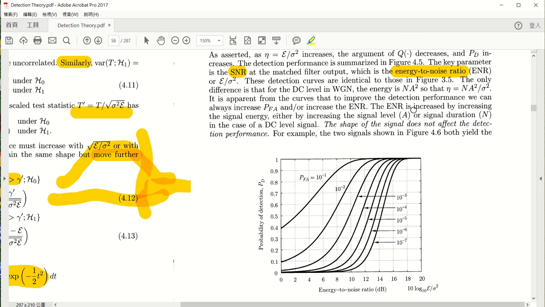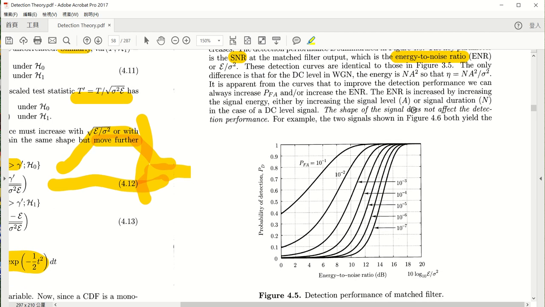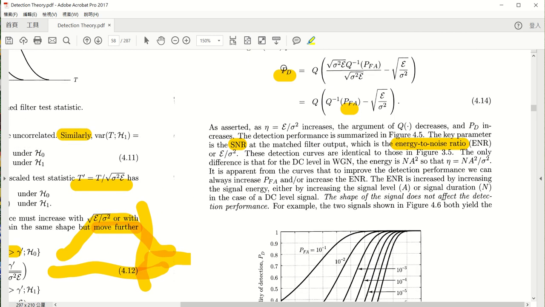So now we have PD as a function of PFA, and of course if we fix PFA, then we can think of PD as a function of eta, right?